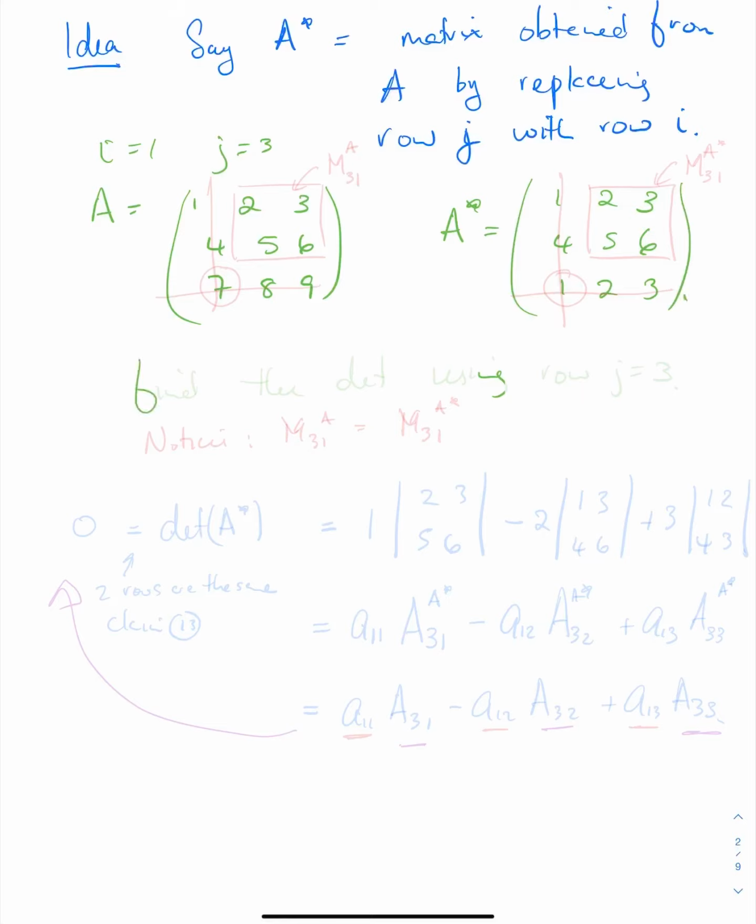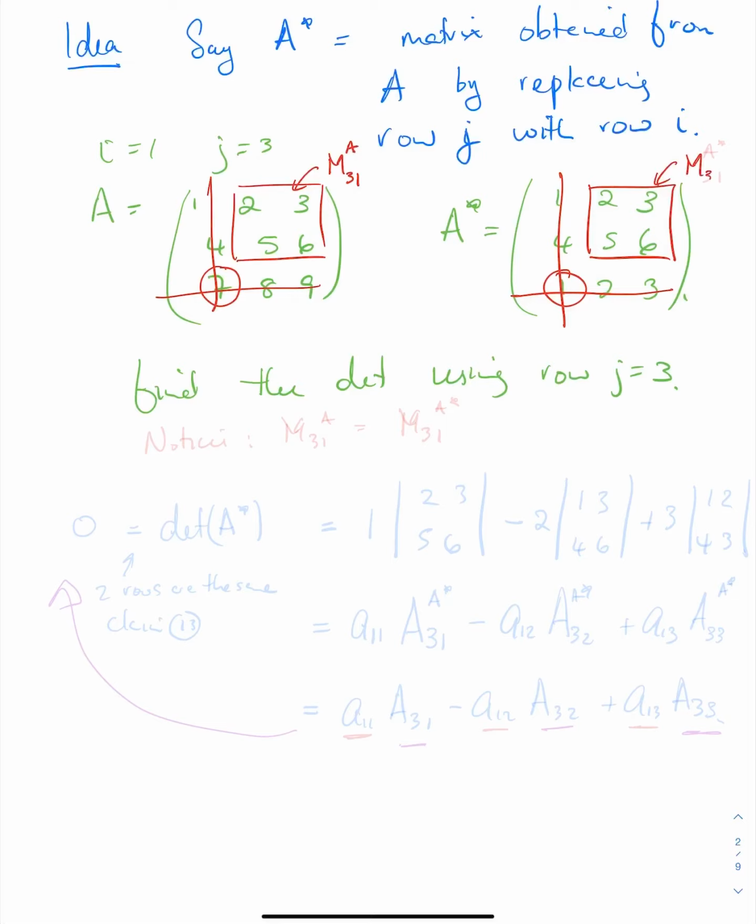Let's find the determinant using the jth row, and let's see what happens. If I'm finding the determinant of A using the third row, I would start here and ignore the row and column that 7 is in, and then I would multiply by plus or minus the determinant of the matrix that's left, this being M31 in A. If I were to do the same thing in A star, I would start by taking 1, erasing the row and the column that it's in, and then multiplying by plus or minus the determinant of the matrix that's left.